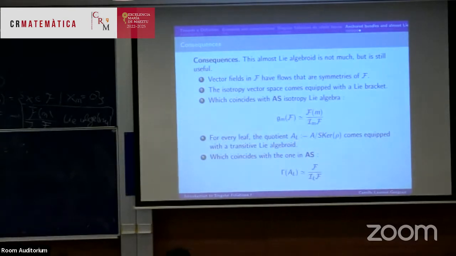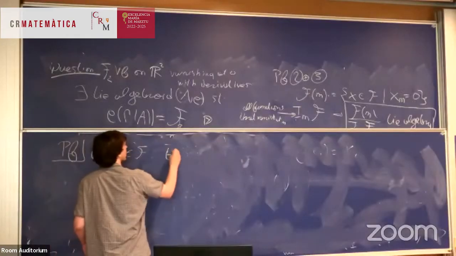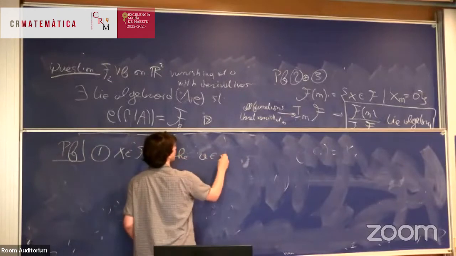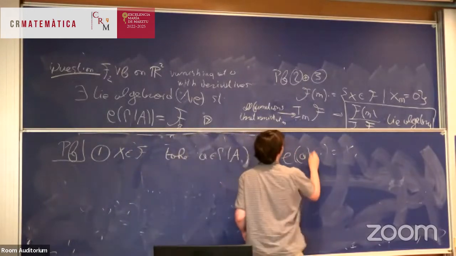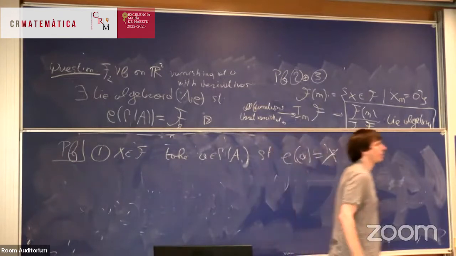Well, in fact, what we are going to prove is this. I take X in F. I take a section A whose image by rho is X. Okay?